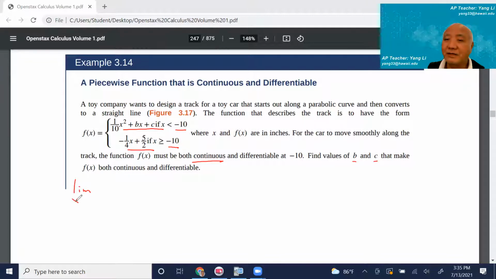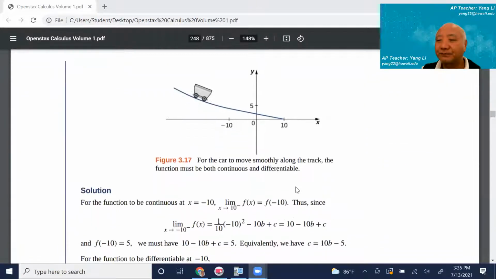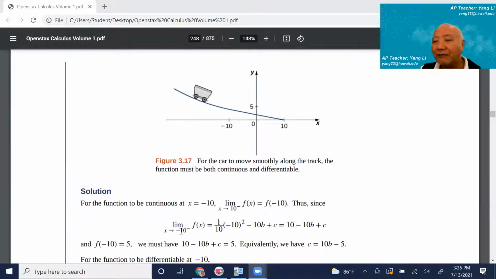Left limit, x approaches... oh, I just followed the book. They have this one here already. I don't need to write it down. I can show you here. You see here? They make the left limit equal what? The value of the function. For the left limit, you just plug in x by -10, right?